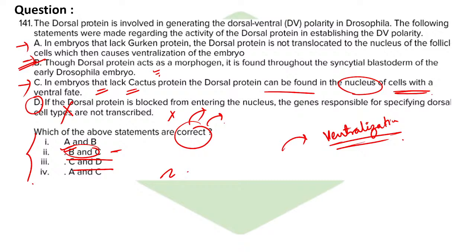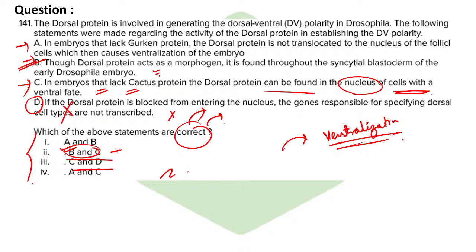Remember about this. Dorsal protein not translocating will not cause ventralization. It will cause dorsalization. That's the main part over here. Dorsal protein causes the ventralization. This is the main segment that you have to remember. That's what the entire topic is about. That's what the entire concept of your Drosophila's dorsal and ventral axis formation is about.